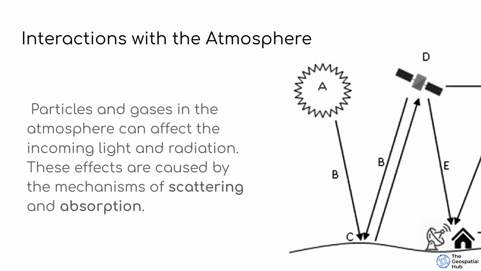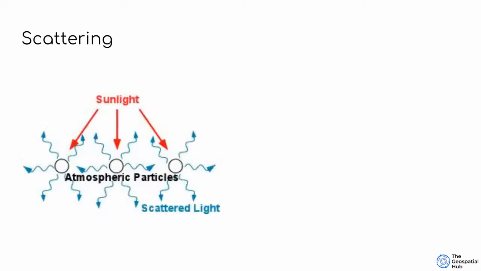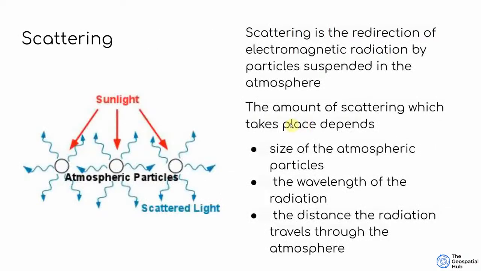We'll be talking about these interactions. Basically, we have two types of interactions, and that is scattering and absorption. So we have the sunlight, and these are atmospheric particles, like probably gases and the likes.